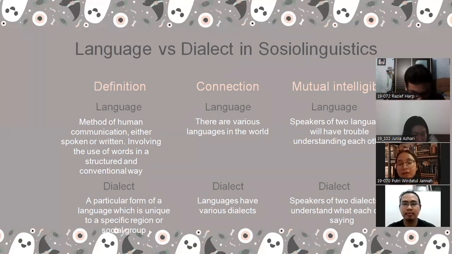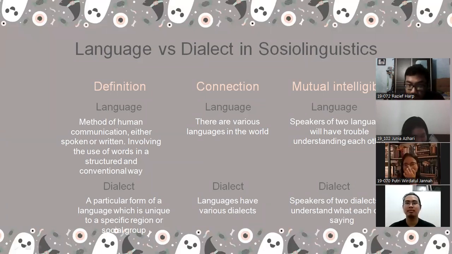The dialect of a language is related to social factors such as economic status, age, and the occupation of the speaker. Dialects commonly found in linguistic communities can come in the form of regional dialects and social dialects. Thank you. I'll give back to the moderator.